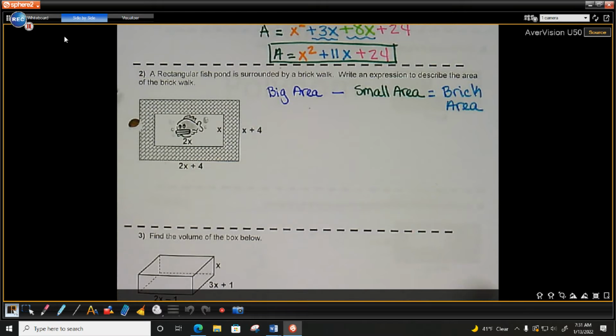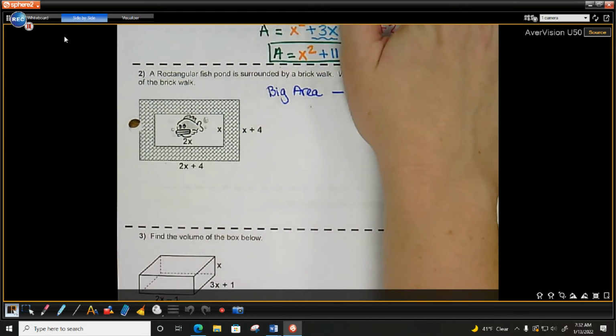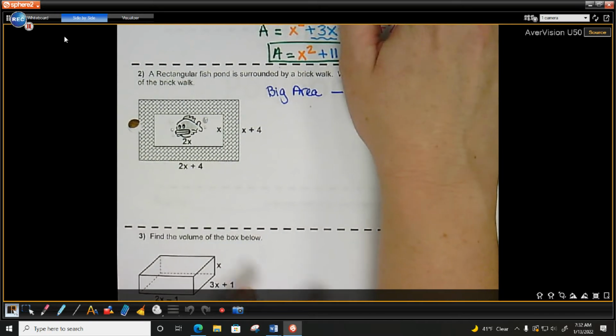Good? So, my big area, let's just worry about that right now. How can I find my big area, Monet? What sides? So tell me what they are. Tell me the expressions. Very good.